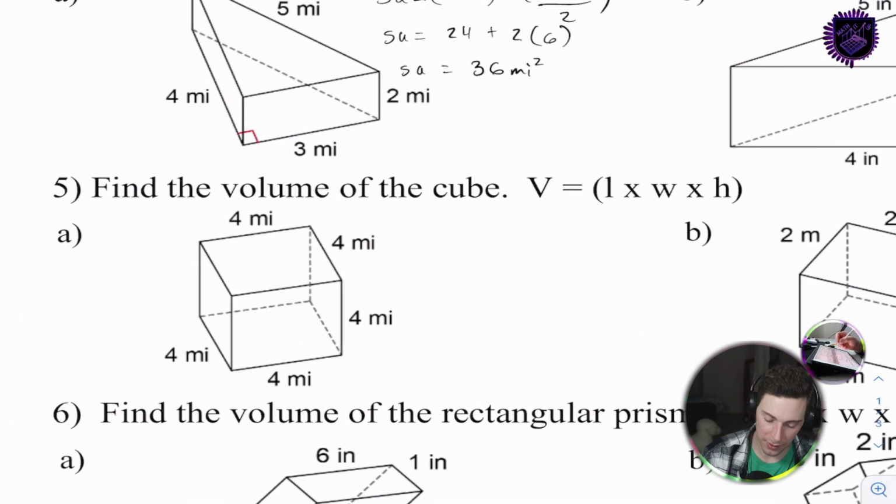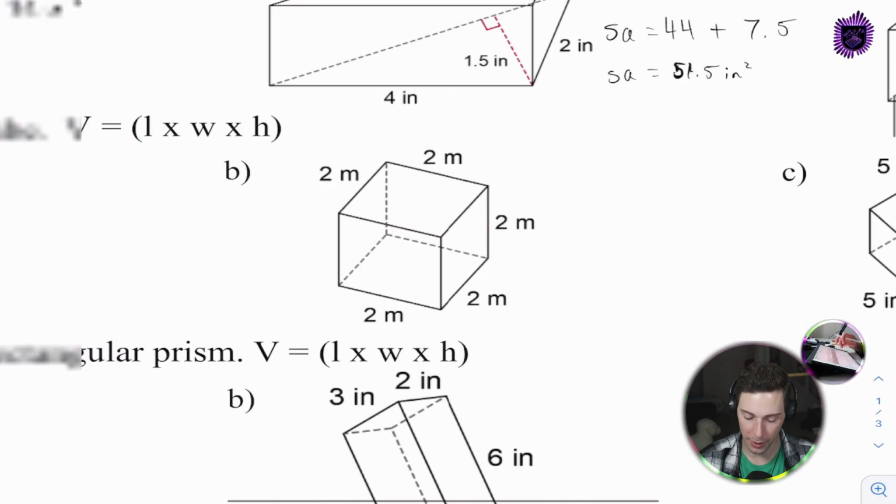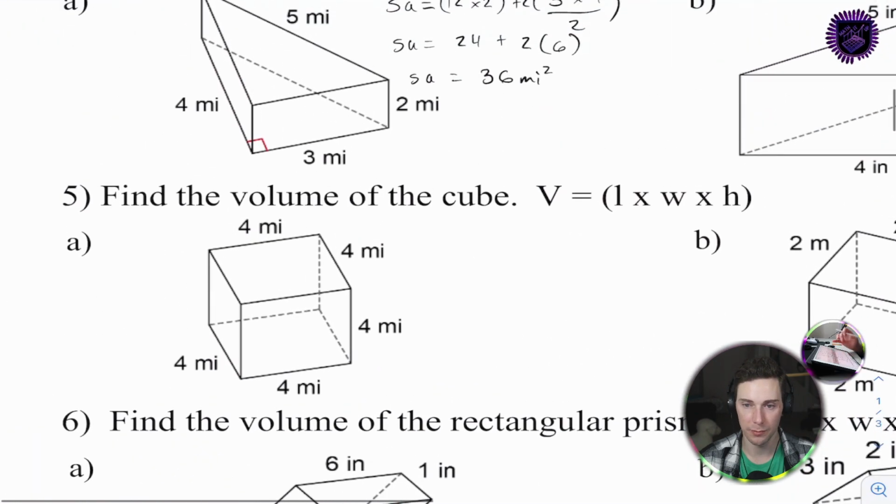4 times 4. So this is going to be area of one face, or the side length, cubed. 4 cubed, 2 cubed, 5 cubed. But keep it simple. Length times width times height. The same formula for our area of a rectangular prism.